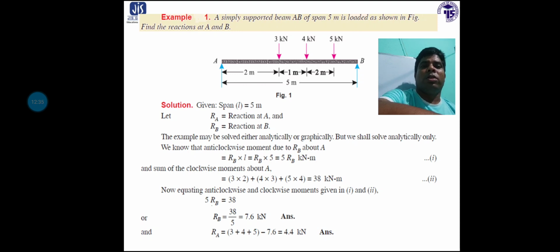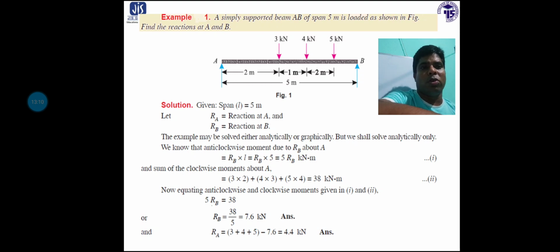Now the sum of the clockwise moments about A is 3 into 2 plus 4 into 3 plus 5 into 4, equal to 38 kilonewton meter.